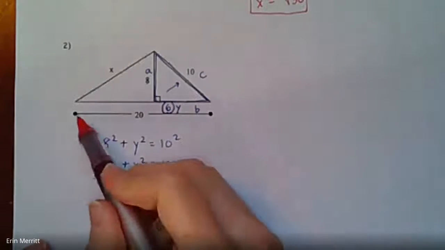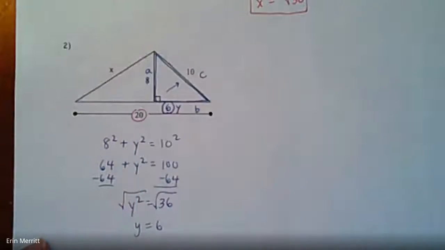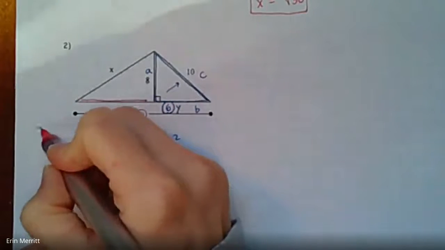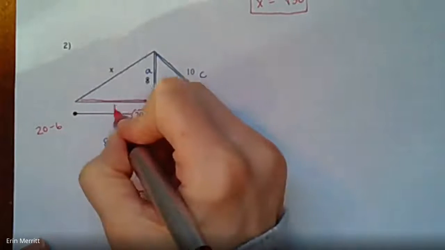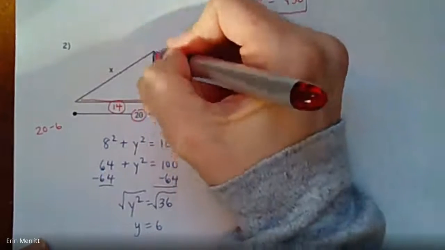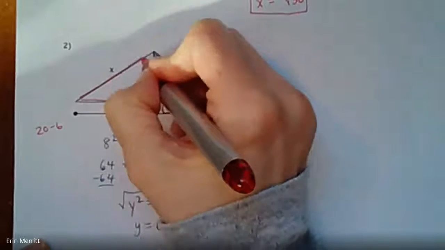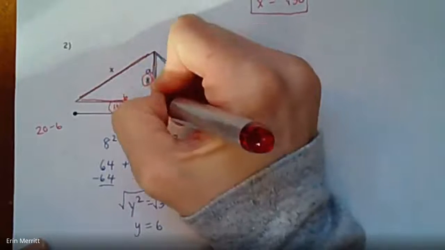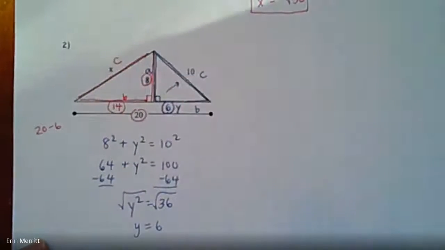If I know the full length is 20 and this piece of it is 6, then the remaining part is just 20 minus 6, or 14. So now that I know that length, I know this is 8.